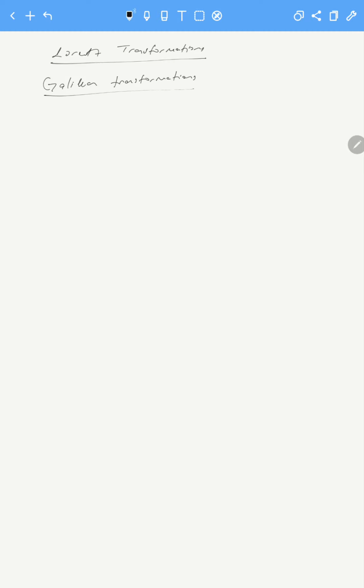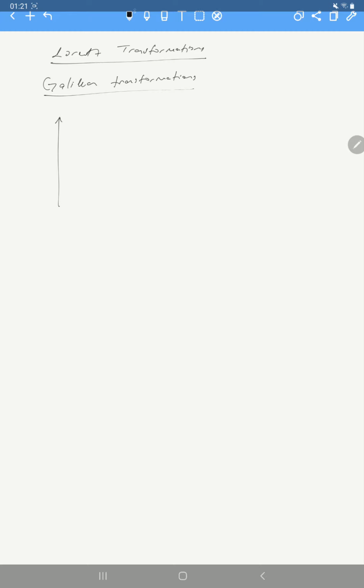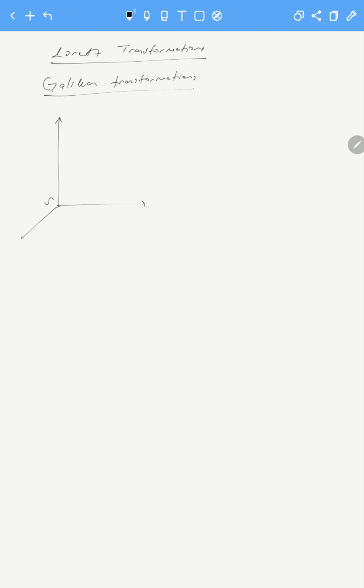And this is a really basic idea that if one frame does not move at all, and the other just moves in any other direction, let's say it moves in the x direction of the non-moving inertial frame with the speed v.